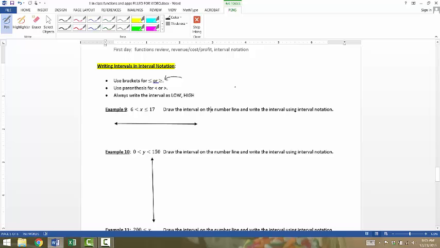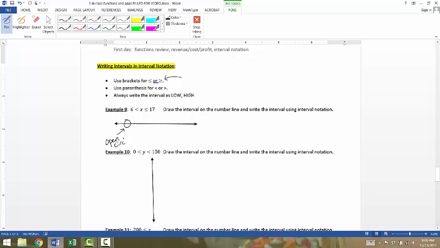So let's start with this example. We're going to first draw the interval 6 less than x less than or equal to 17 on the number line and also write it in interval notation. There's a strict inequality. It says 6 is strictly less than x. You indicate a strict inequality with an open circle.